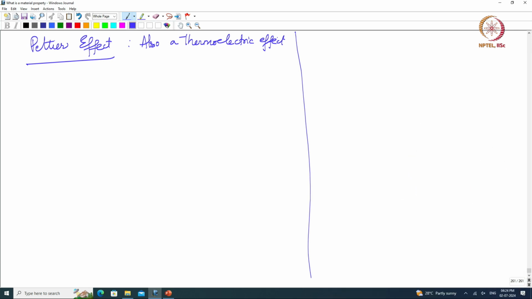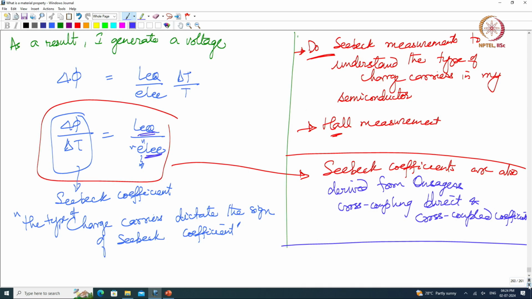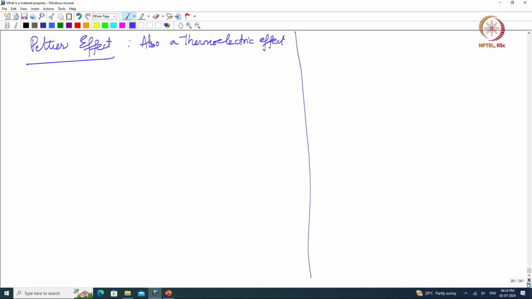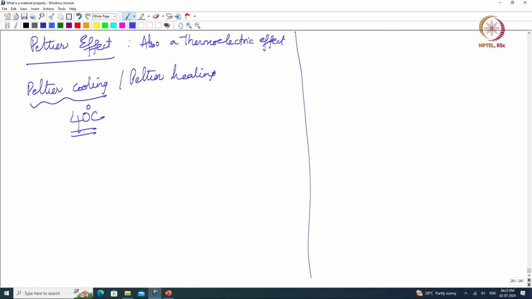I'll come back to the thermocouples later, but the idea is that I can do what is called Peltier cooling or Peltier heating. So I can reduce the temperature of my devices or materials by about 40 degrees Celsius. So I can get Peltier cooling of about 40 degrees Celsius.